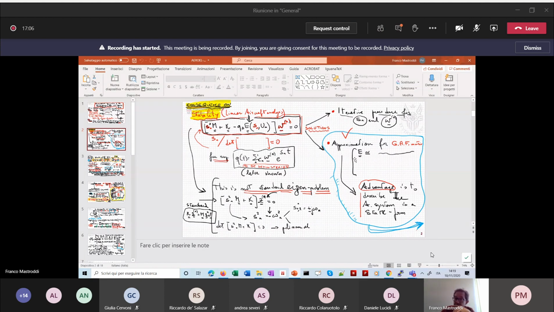A second possibility is another way, which consists of approximating this equation with an analytic form.